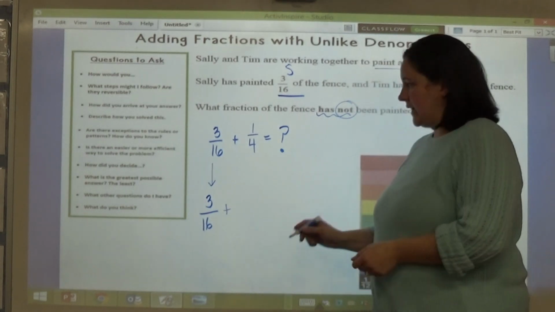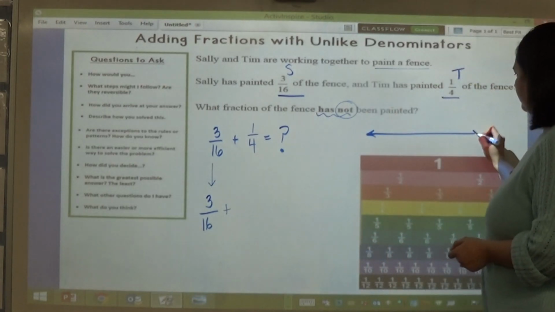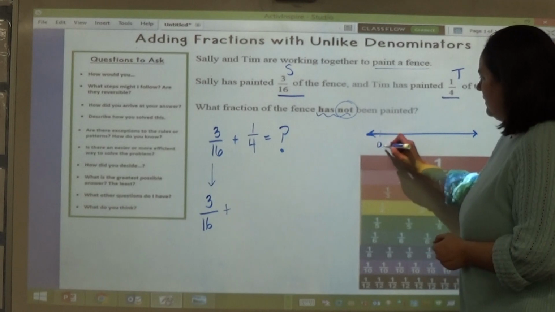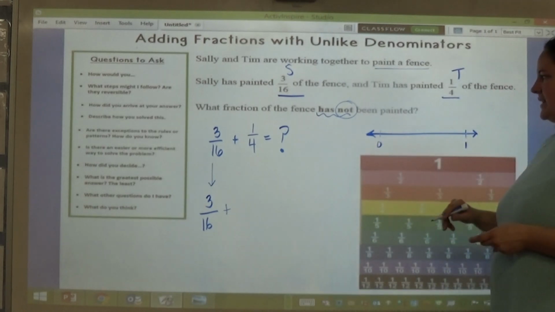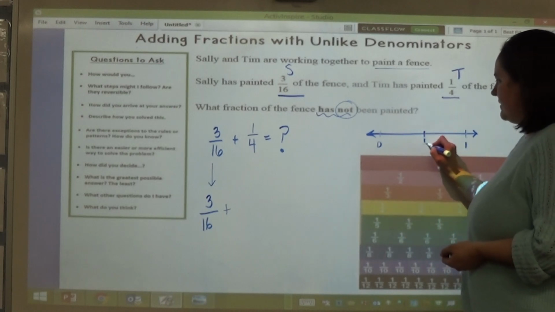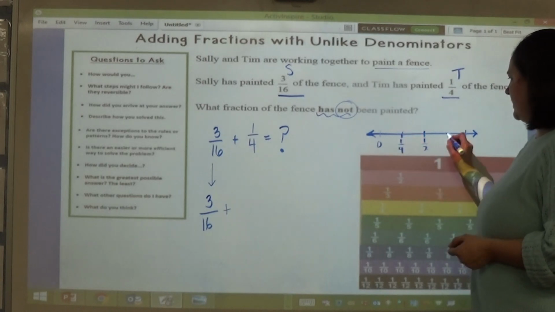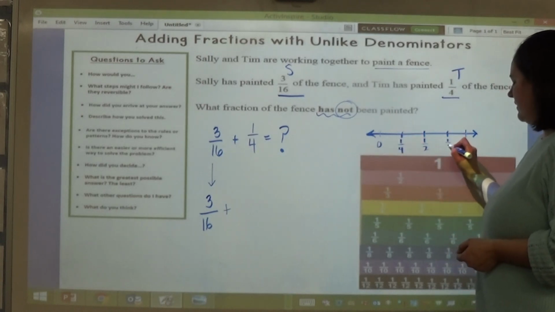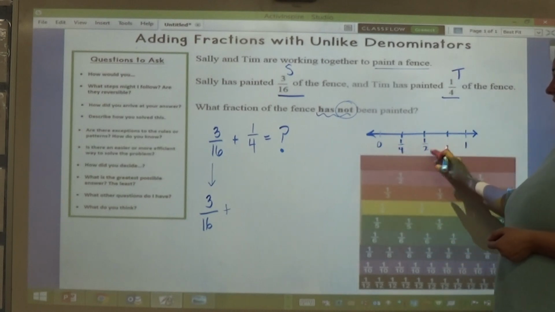I could draw a number line. I know 1/4 is between 0 and 1, so I'll have my number line go from 0 to 1. 1/2 is exactly in between. And then 1/4 is half of a half, so I'll go ahead and note that right there. So we've got 1/4, 2/4, or 1/2.